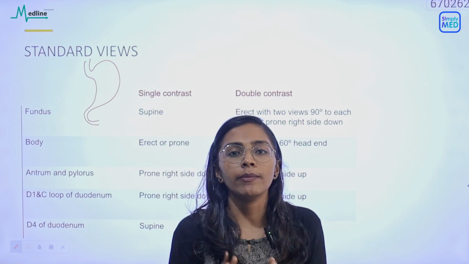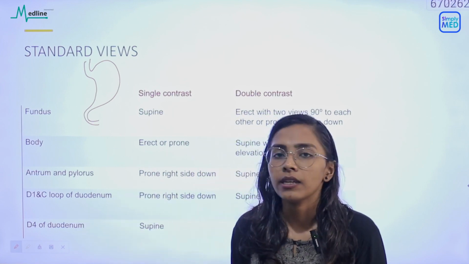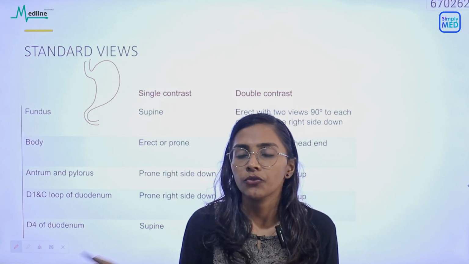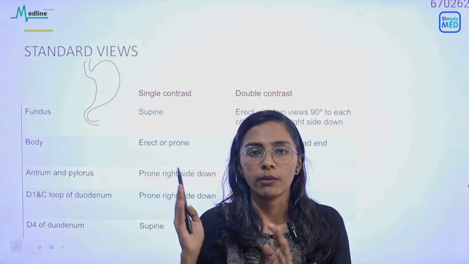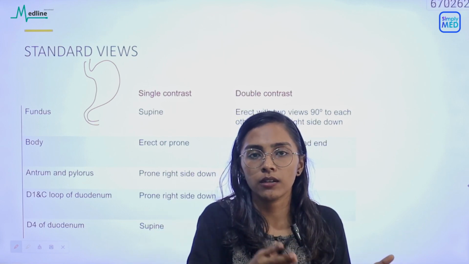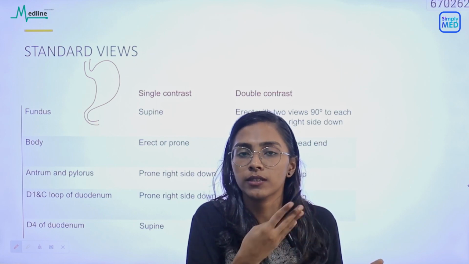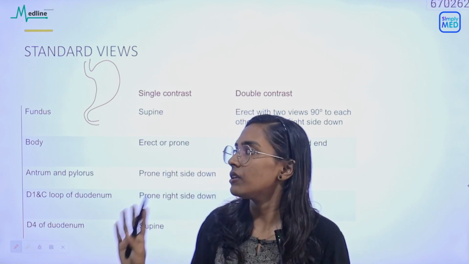Just give some attention here so that you can identify it in a simple manner. For that, first you have to visualize the stomach in your imagination. If we turn the patient to one side, which part the contrast flows to, which side is enhanced, you should have an imagination of that.